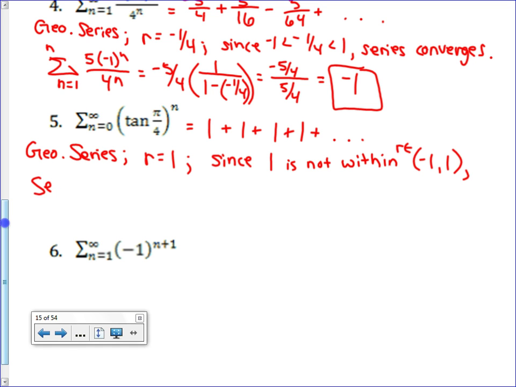Series. You guys are right. Diverges. Done. One is not between negative 1 and 1. Open, not closed. Open, right? So therefore diverges. Good. Diverges to? No. Just diverges, right? That's the whole point. It doesn't go to anything, right?